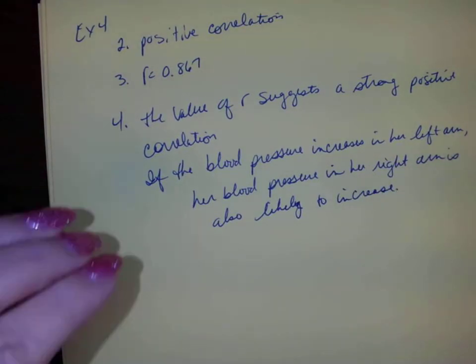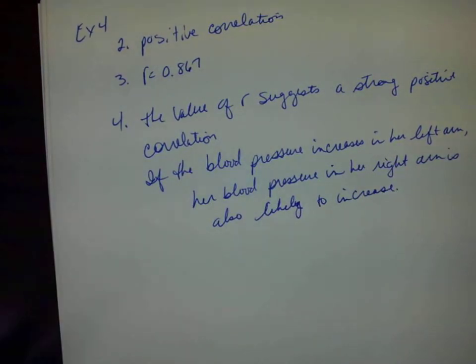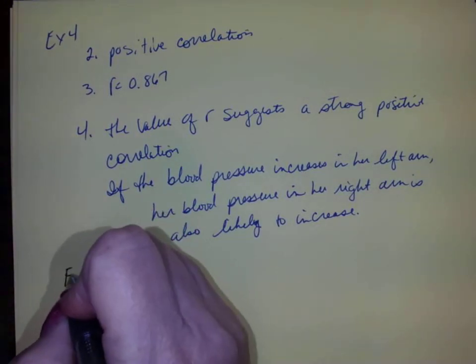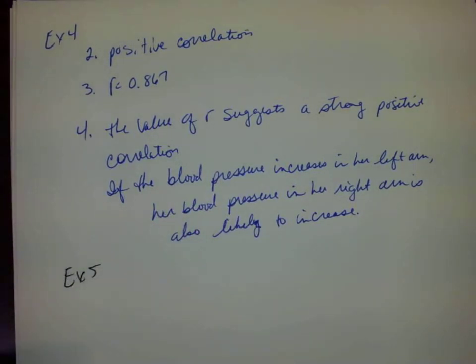So if it goes up in one, it's likely to go up in the other. All right, so that's stating all of this in words. All right, let's go on to example 5.